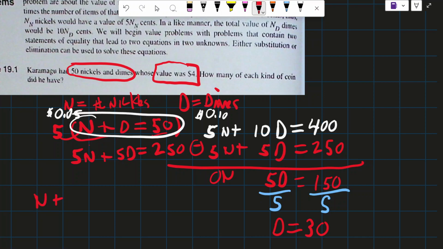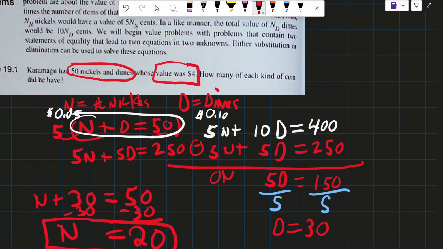N plus 30 equals 50, right? So to solve for the nickels, all I have to do is subtract 30, and I'm going to get what? 20. So the number of nickels is equal to 20, and the number of dimes is 30. All right.